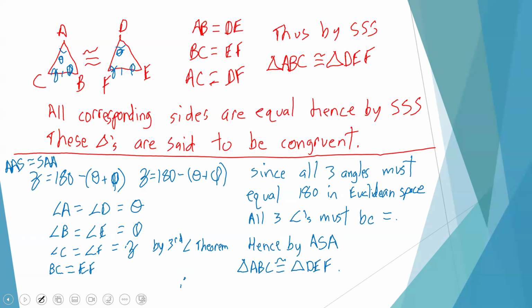So we might say, therefore, angle, angle, side is also a congruence theorem. You guys will write those out. That's part C.